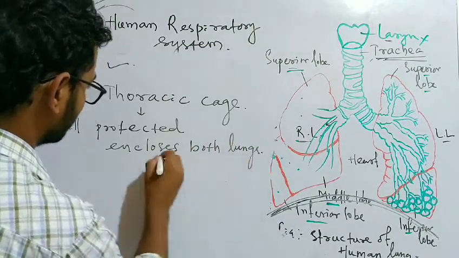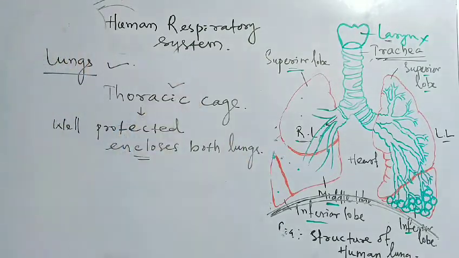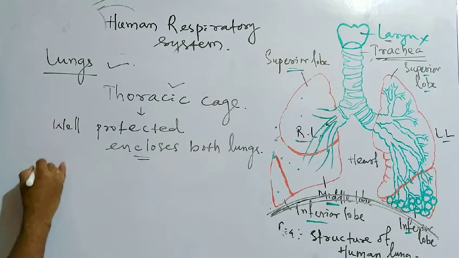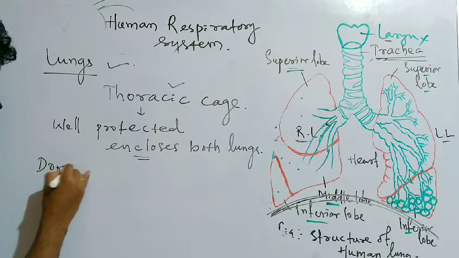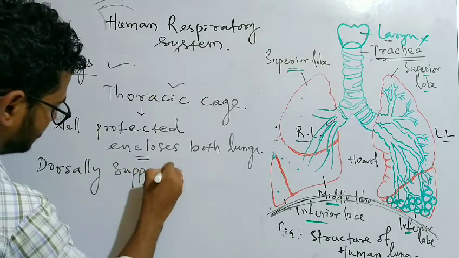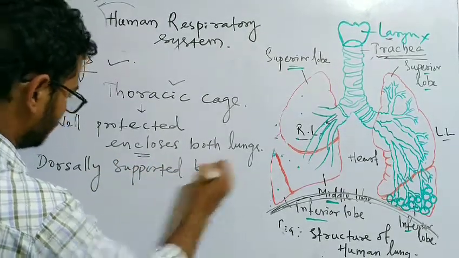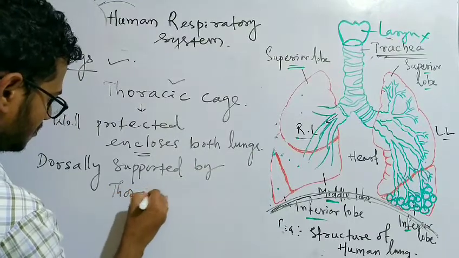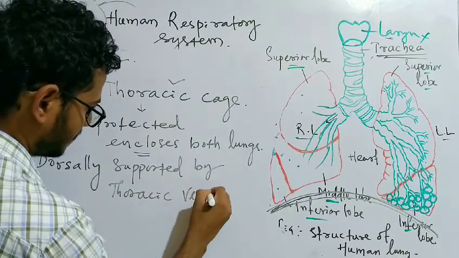Both the lungs are enclosed inside the thoracic cage in a very protective way and dorsally supported by the thoracic vertebrae.